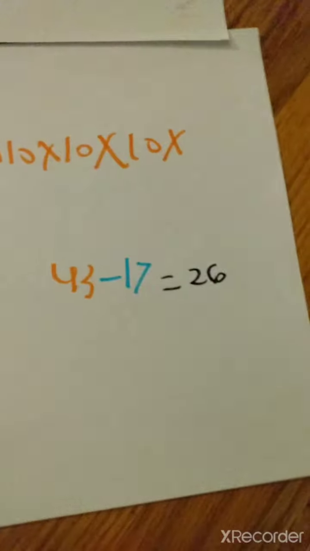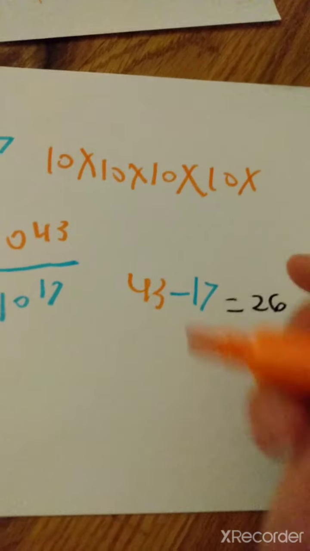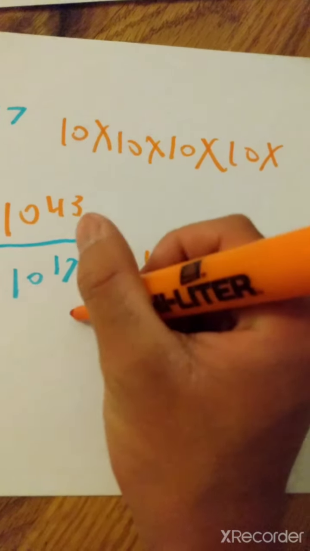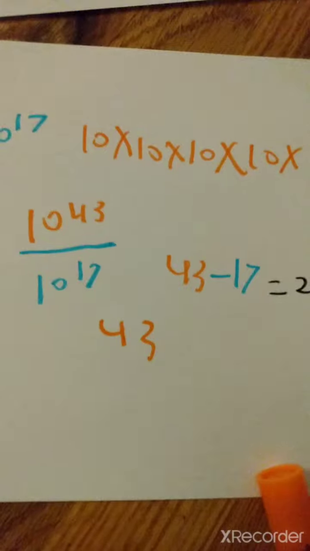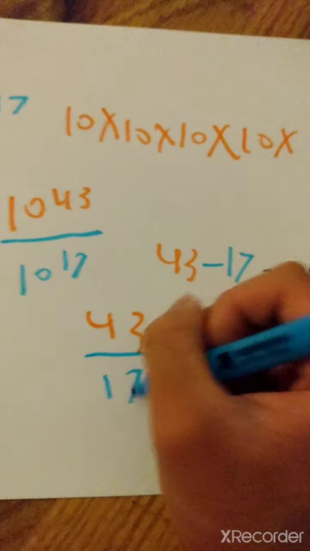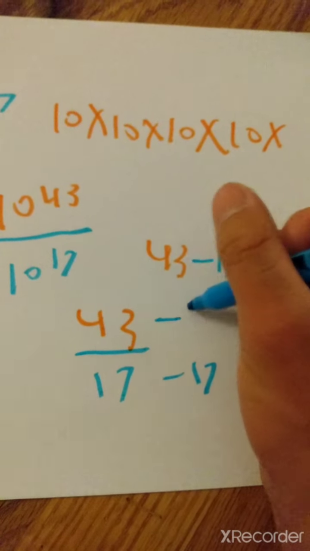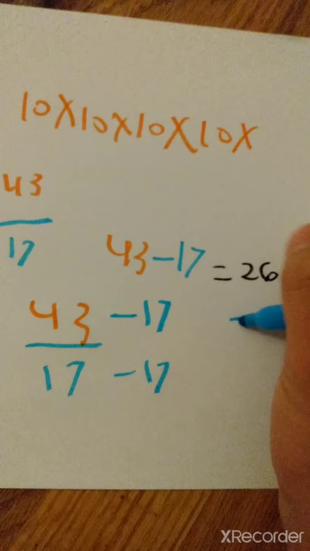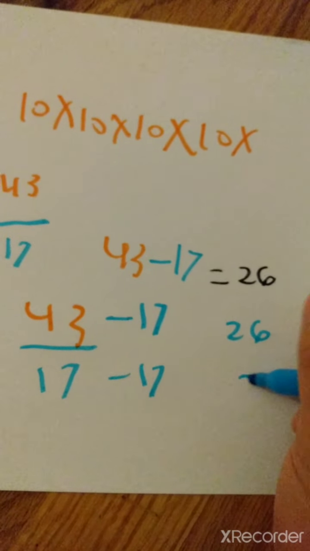But why does this work? Because imagine you have 43 tens up on the top, and 17 tens on the bottom. Since we subtract 17 from the top and from the bottom, the top will be 26, and 17 minus 17 is 0.